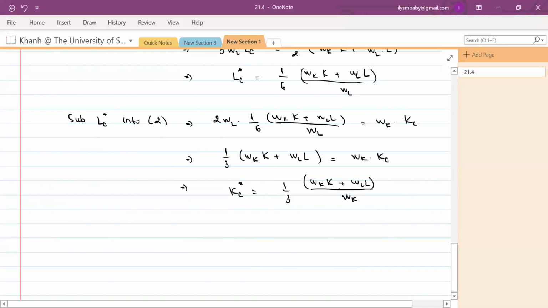So problem 21.5 is just going to be the practice of 21.4, to give you more exercises to get used to the problem. Instead of having a general value of the initial endowment, which is just half of the K and L, you are given a certain number for the initial endowment, but the problems are going to be exactly the same thing. So try to practice with problem 21.5.